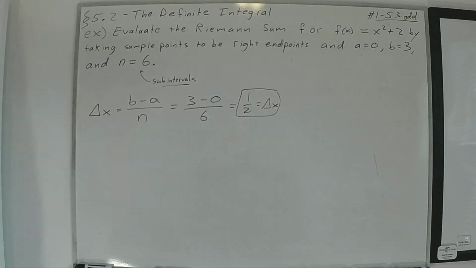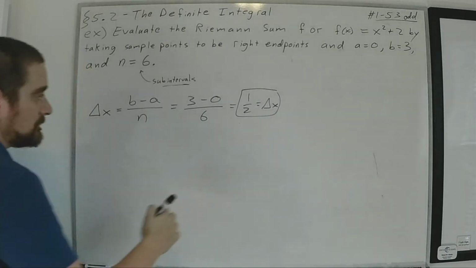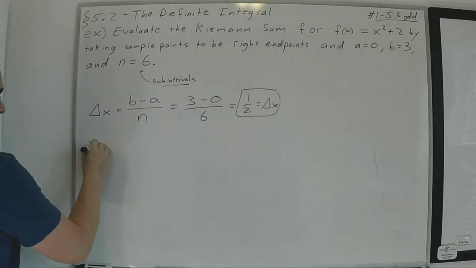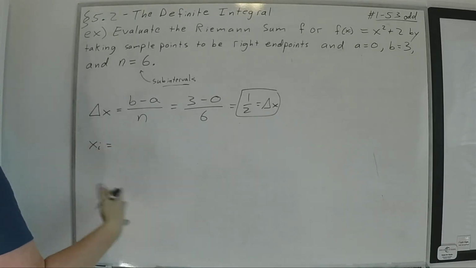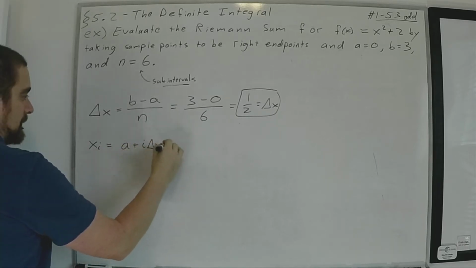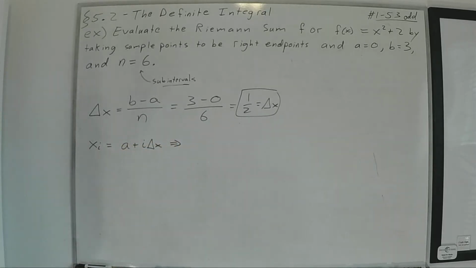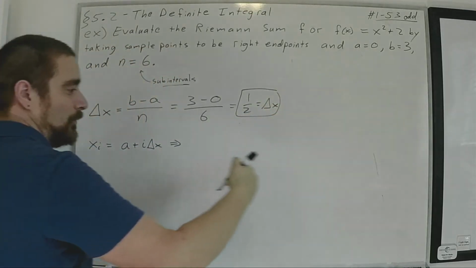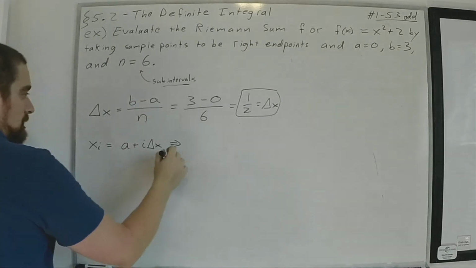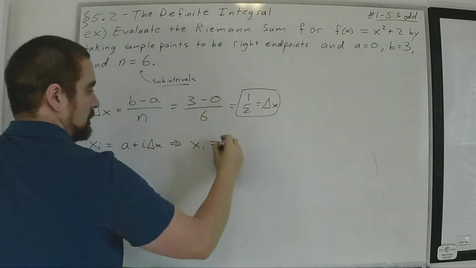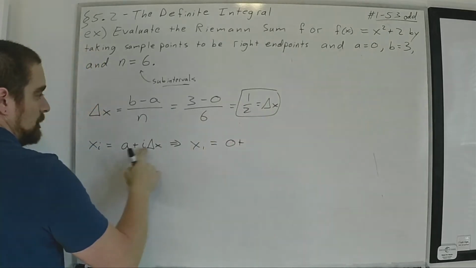Now, to calculate the endpoints, again, I'm using right endpoints. So when I go to find my xi's, they're going to be of the form a plus i times delta x. Well, I'm starting at the right endpoint, so I want my first right endpoint x1 to be given by a, which is 0, plus 1.